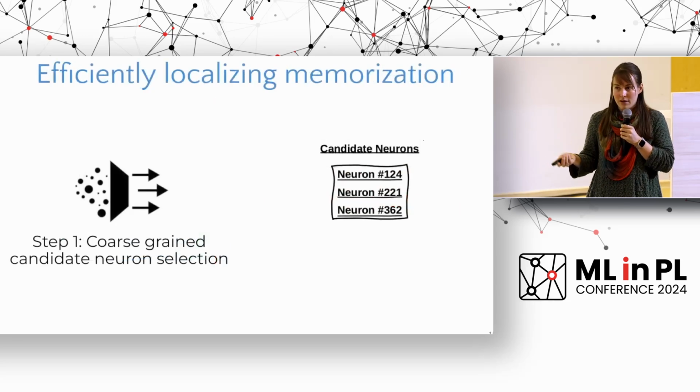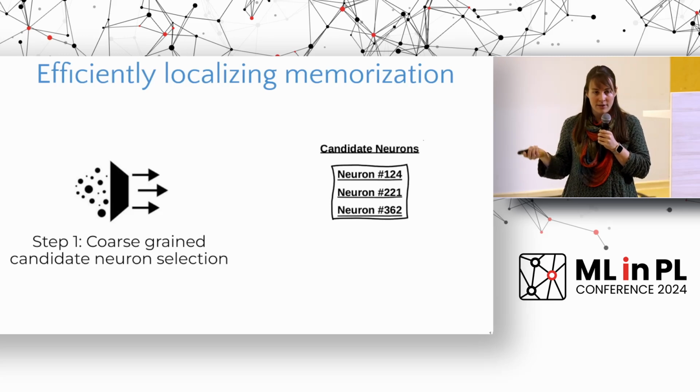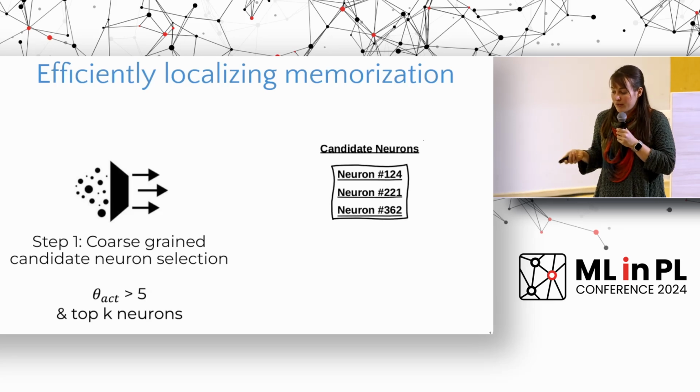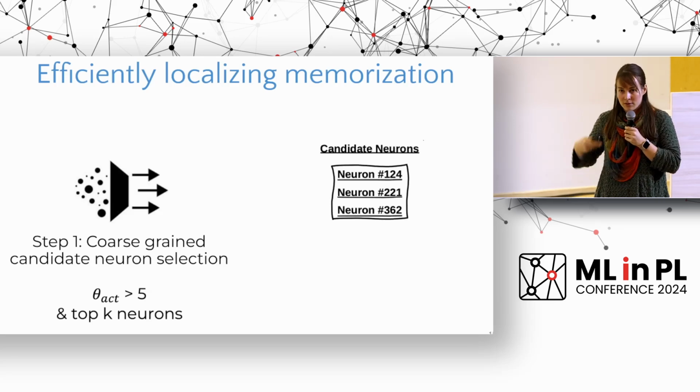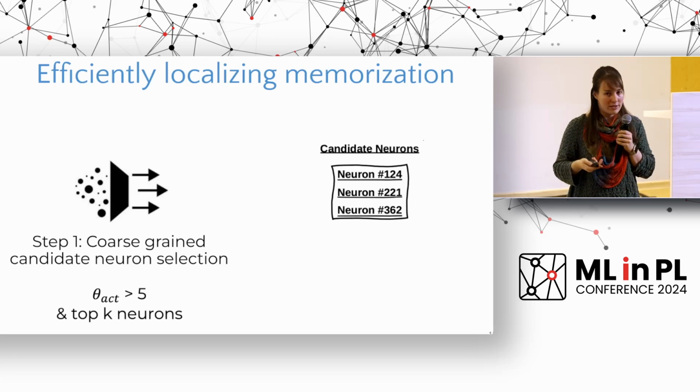So we start with a relatively coarse-grained candidate set where we put all the neurons that have a higher Z-score on the sample than the threshold. And that gives us the candidates. Then we also add the neurons with the top K highest activation because we found that often they are also involved in memorization.